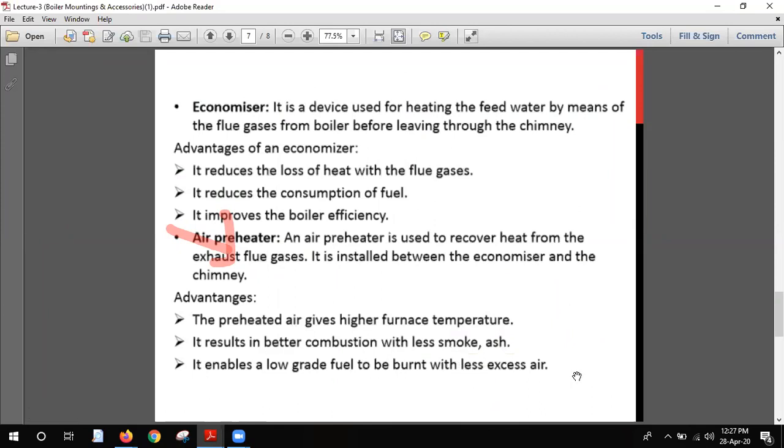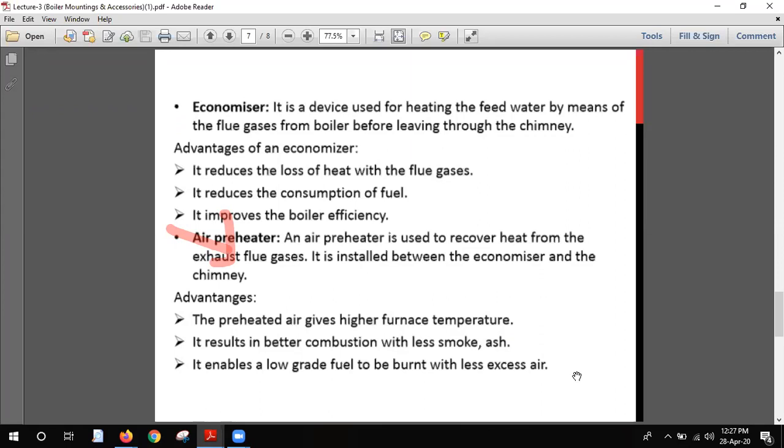So basically the air we take into the furnace from the environment, suppose it has a temperature of 20 degrees Celsius or 30 degrees Celsius. When it passes the air preheater chamber, the temperature rises, suppose by 20 degrees Celsius. Now the air becomes 50 degrees Celsius.